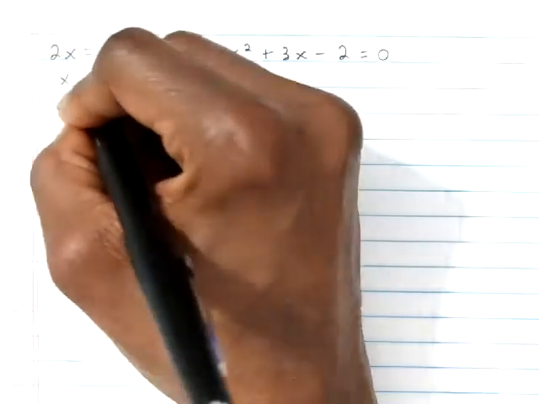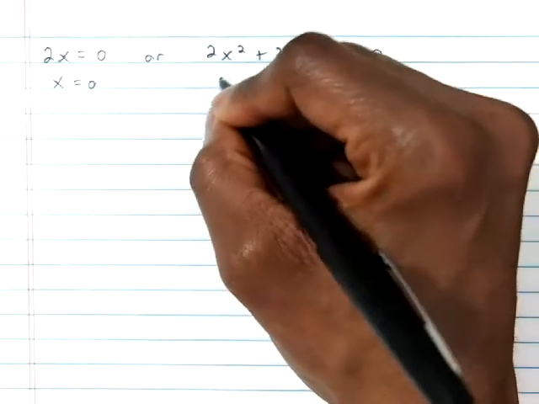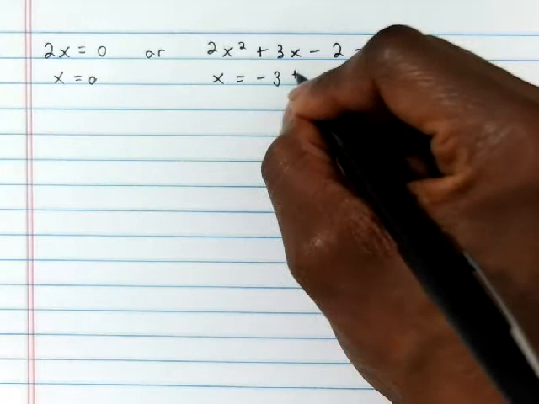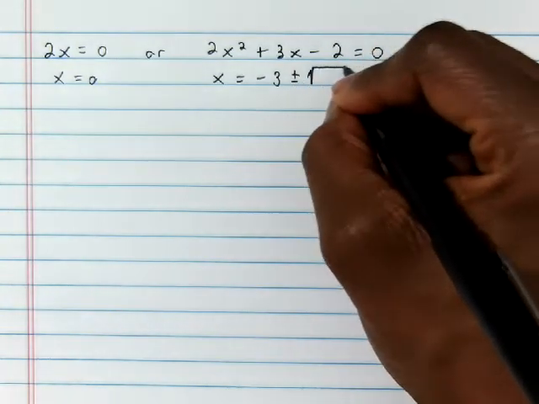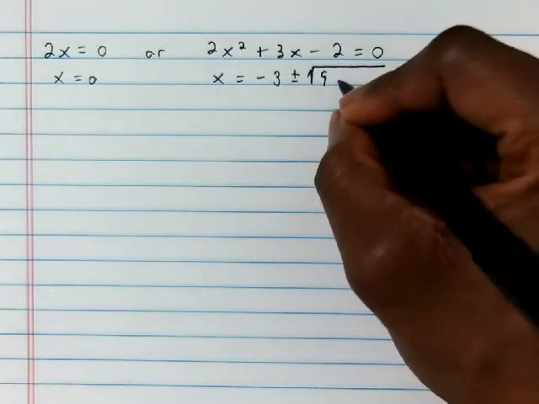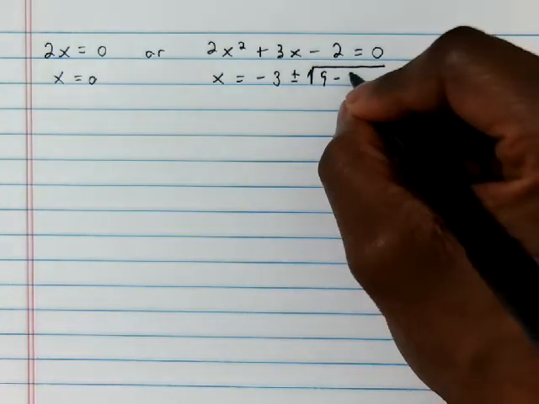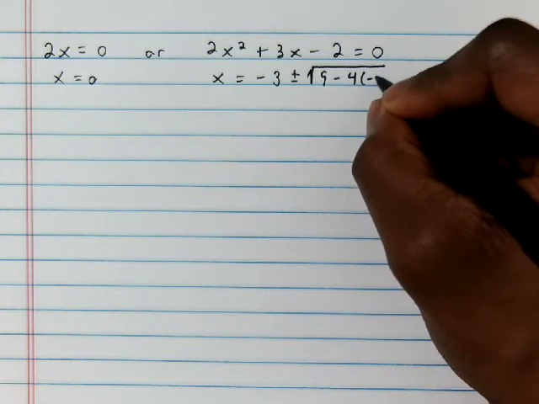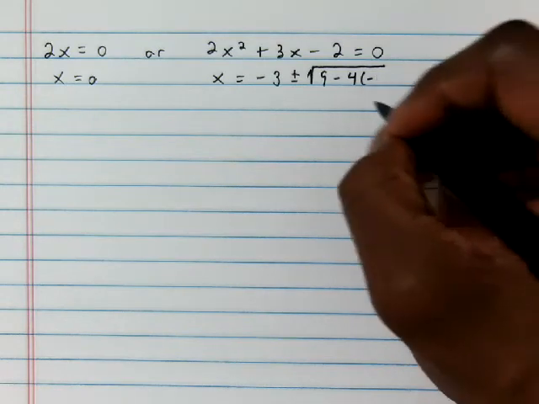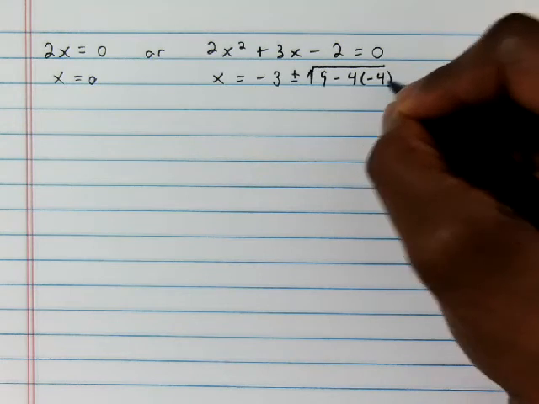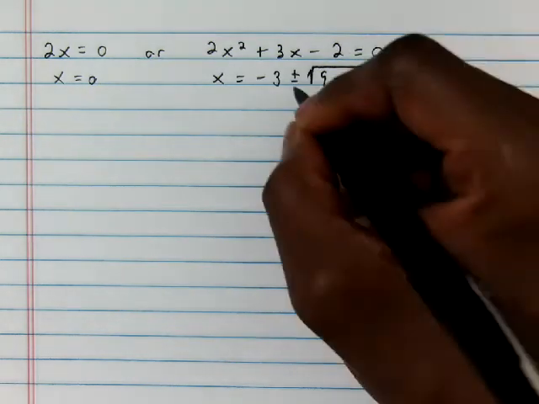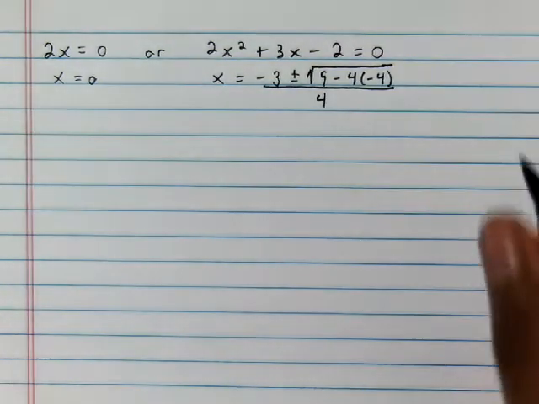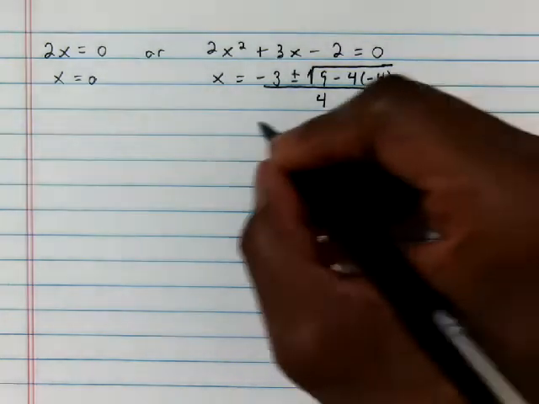So this gives us x equals 0, and this is going to give us x equals negative 3 plus or minus the square root of 9 minus 4 times 2 times negative 2, negative 4, all over 4.